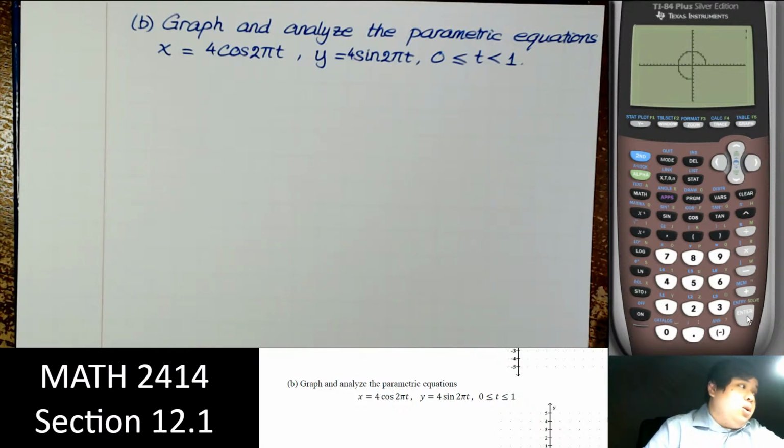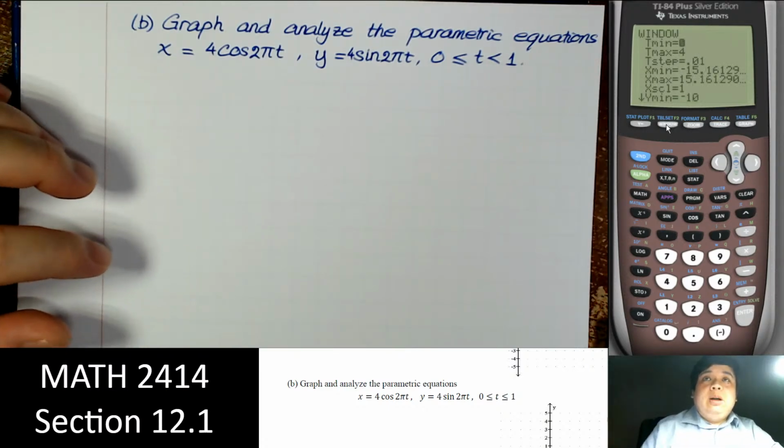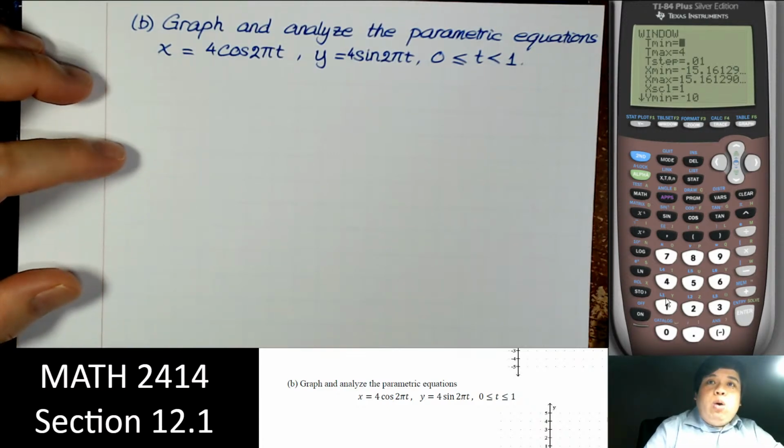Yeah, so it is a circle. So again, if we hit Windows, I'm sorry. We only go from 0 to 1.